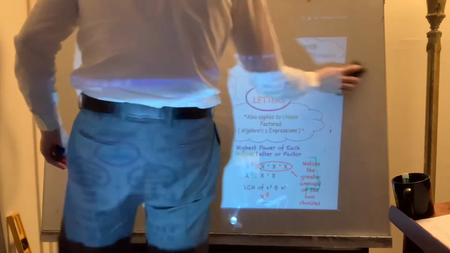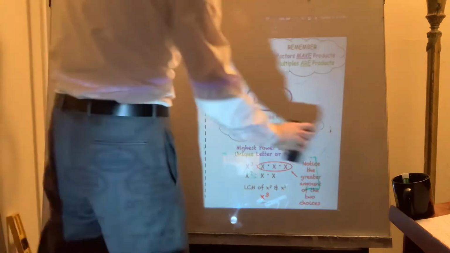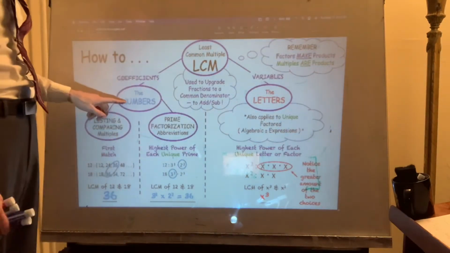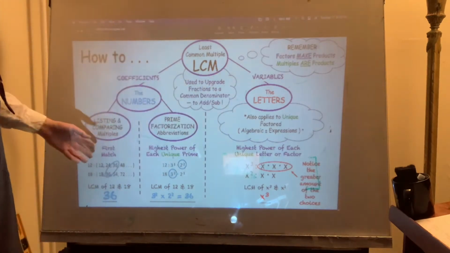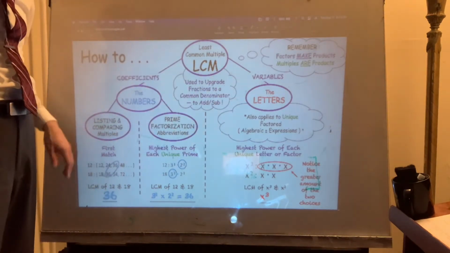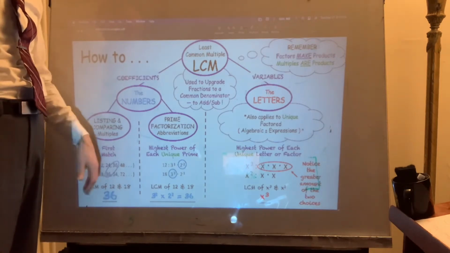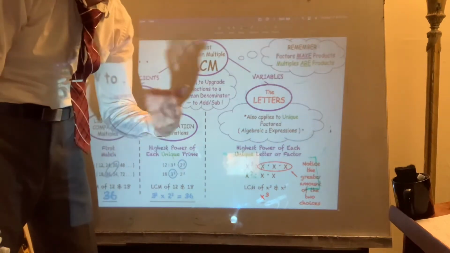When you're looking for a least common multiple, and that is essentially what the lowest common denominator would be, there's the numbers portion of it, and then there's the letters portion of it. For the numbers, if you're doing it by hand, the most brute force way would be to list the actual numbers as multiples. Remember, multiples are products, so it's like counting by fives: 5, 10, 15, 20.